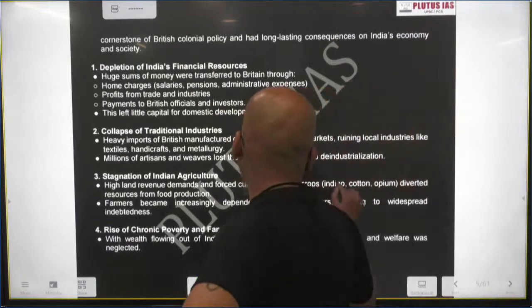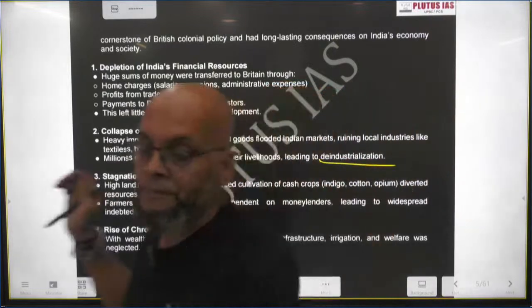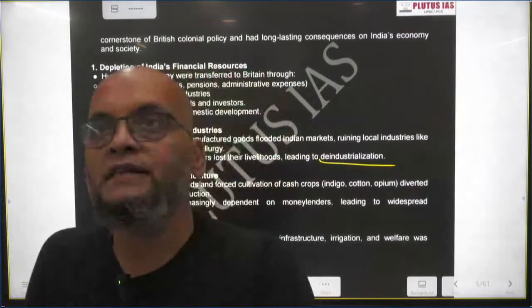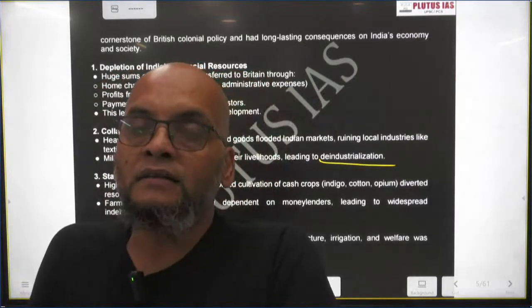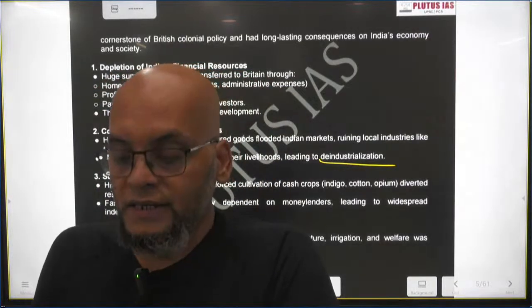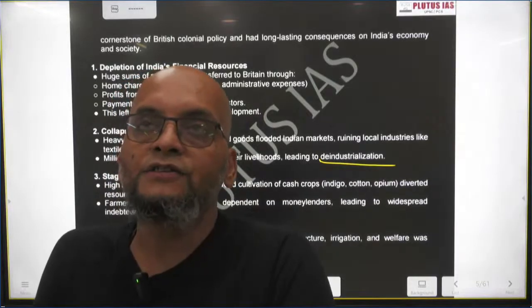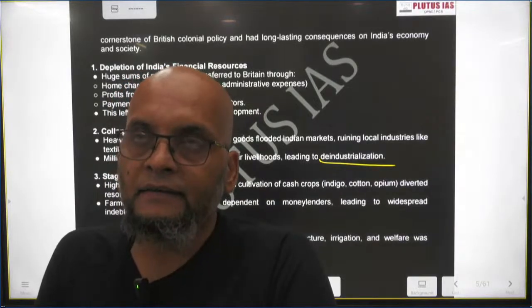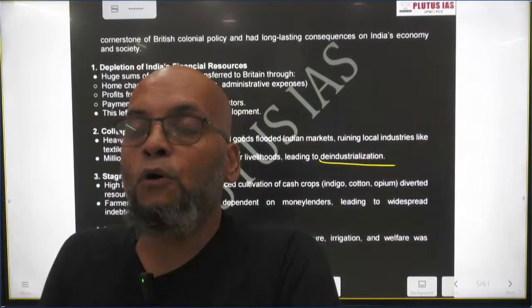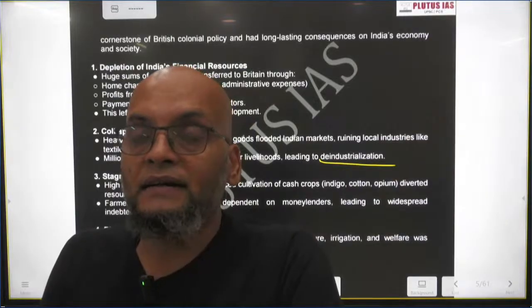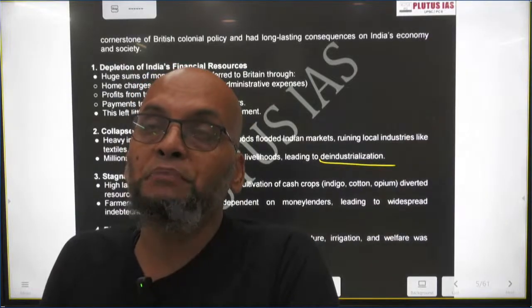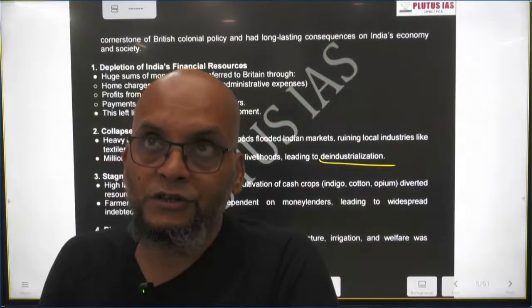So that led to the phase of deindustrialization. With Indian resources, with Indian wealth, Britishers started the period of industrialization in England, whereas this policy of theirs rendered India into the period of deindustrialization.